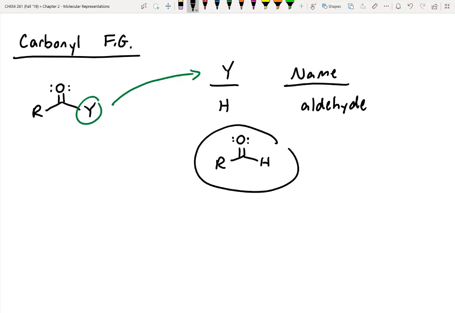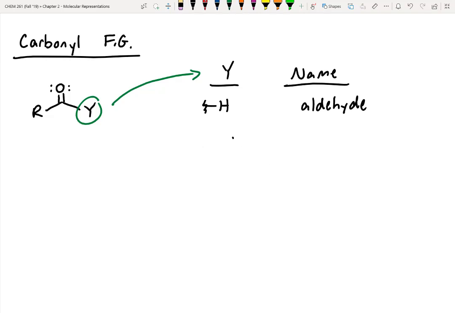Does that make sense? So to show this, I'm going to do that squiggly line thing again and say that just means that the hydrogen's coming off there. Does that make sense to everybody? It'll speed up the process a little. All right, so that's a simple one. Aldehydes are pretty common in organic chemistry. We'll do a fair amount of work with aldehydes.